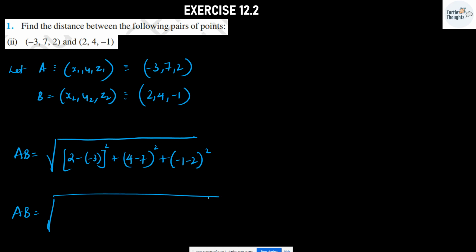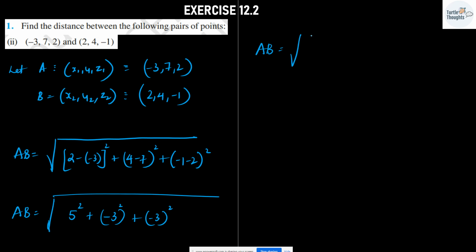Upon solving, I will be getting under the root 2 minus of minus is plus, 2 plus 3, which is going to be 5. So it is going to be 5 square plus minus 3 whole square, again minus 3 whole square.